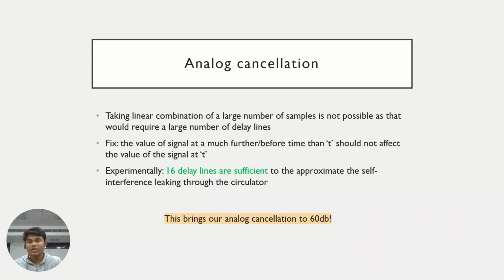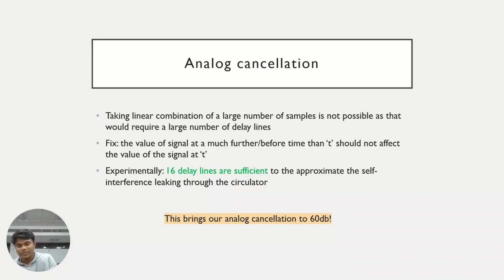So, to eradicate this problem, we know that the signal which is much further away or much before the time t that we are focusing on will not have much effect on the value of the signal at that point of time t. So, what we experimentally found out was that 16 delay lines are sufficient to approximate the self-interference leaking through the circulator.